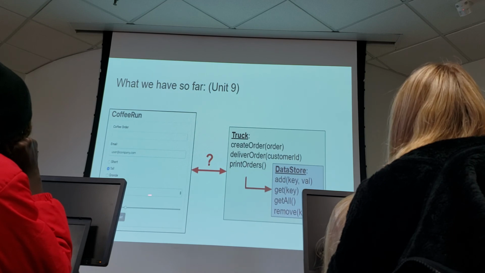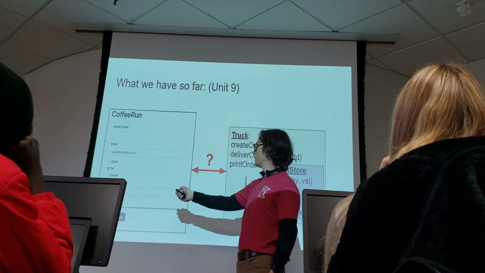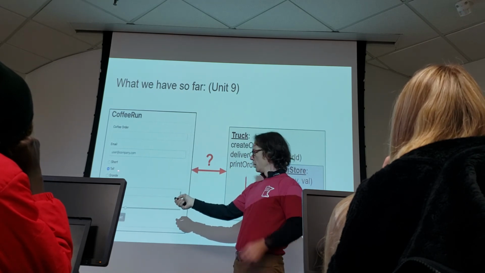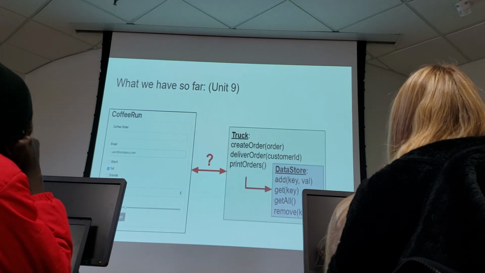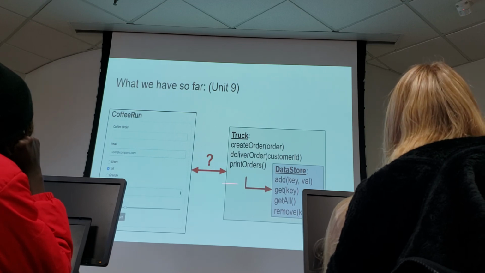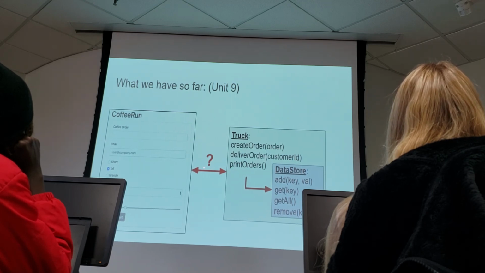So again, create order has what your order is, what your email is, which is your ID, what size, if there's a flavor shot, and a strength. But we don't really have a good way to connect these yet. Unit 9 was just about creating the form. So what we need to do is we need to have a way where when you click the submit button, it calls create order.